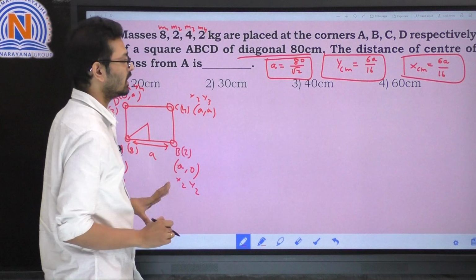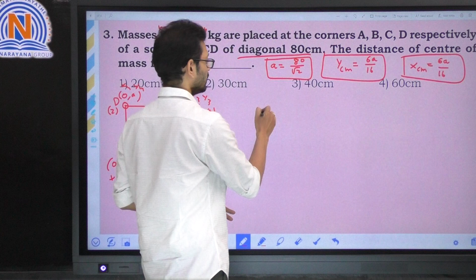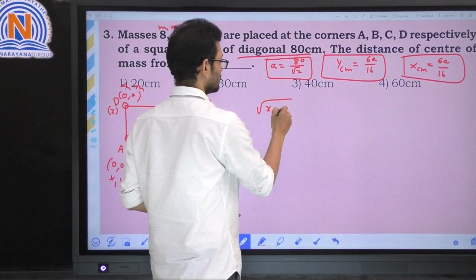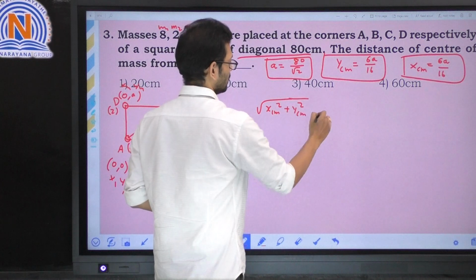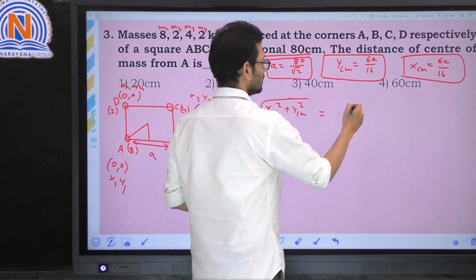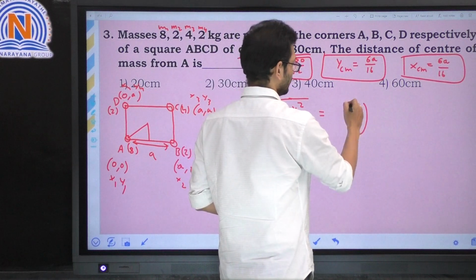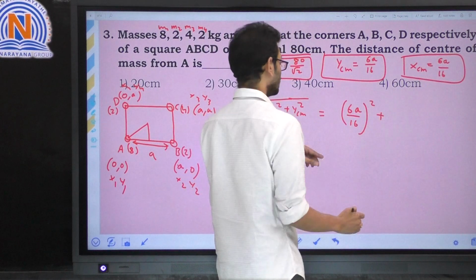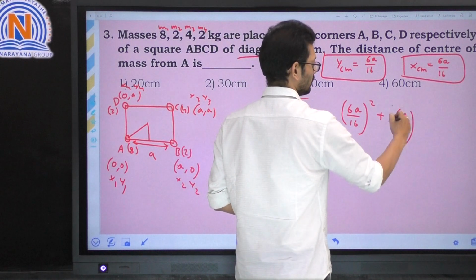Now when I take that triangle and try to find out, I will get root over X center of mass square plus Y center of mass square. Now X center of mass is 6A by 16 whole square plus Y center of mass is 6A by 16 whole square.